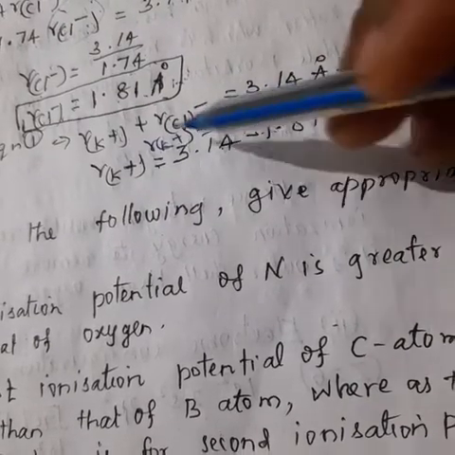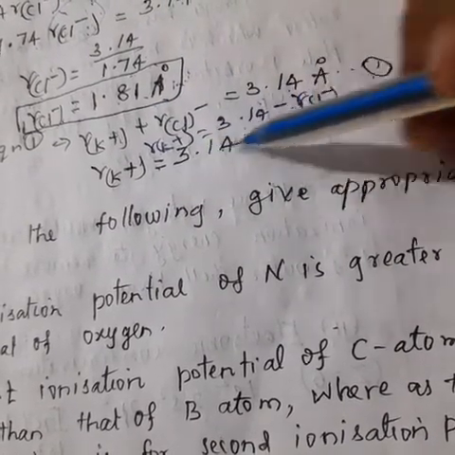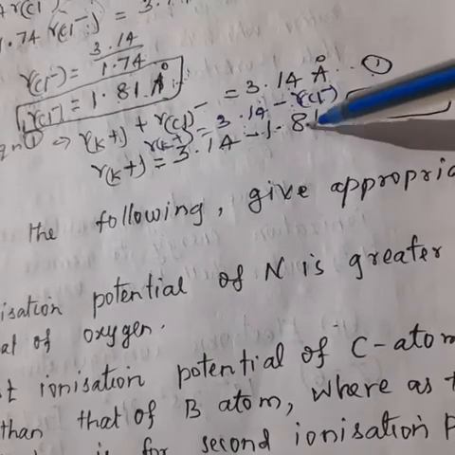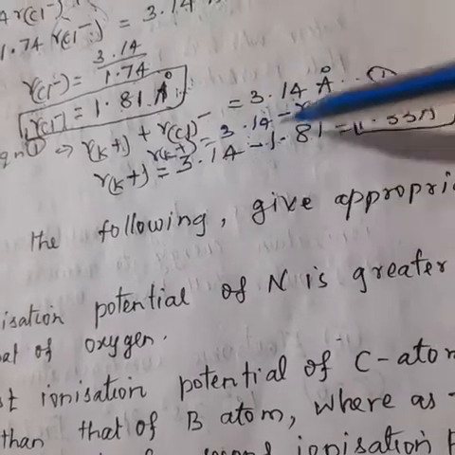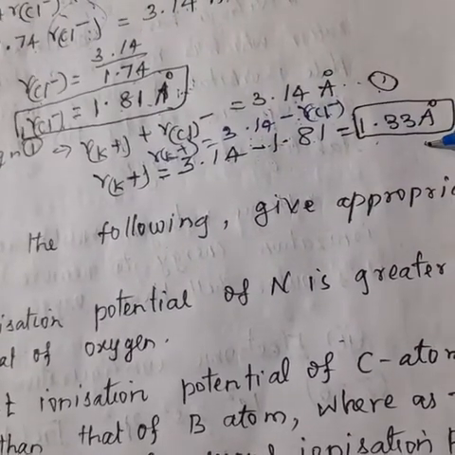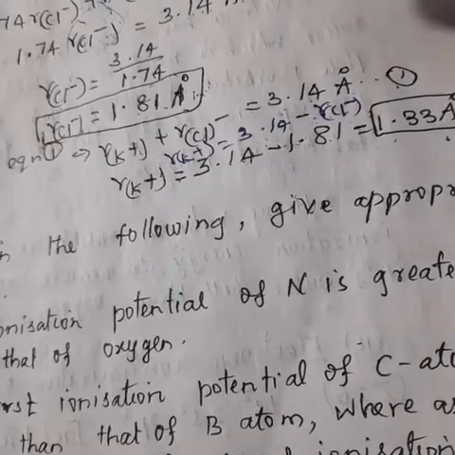What is the value? 3.14 minus the RCl value 1.81. Subtracting these two, we get 1.33 Angstrom. Understood?